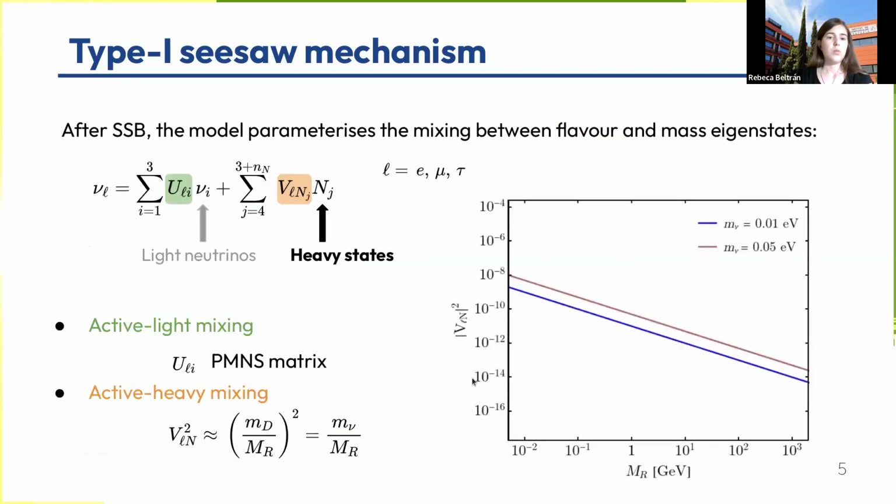Okay, so a byproduct of this diagonalization is that now the active neutrinos become a mixture of the light states and the heavy singlet states. And this neutrino mixing can be parameterized as follows. One can decompose the mixing into two terms.